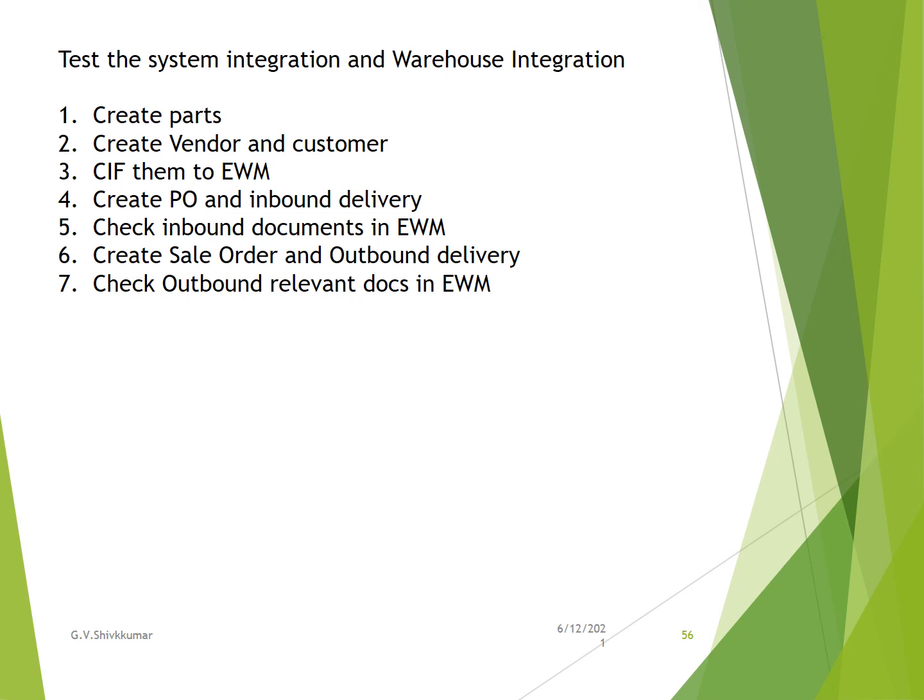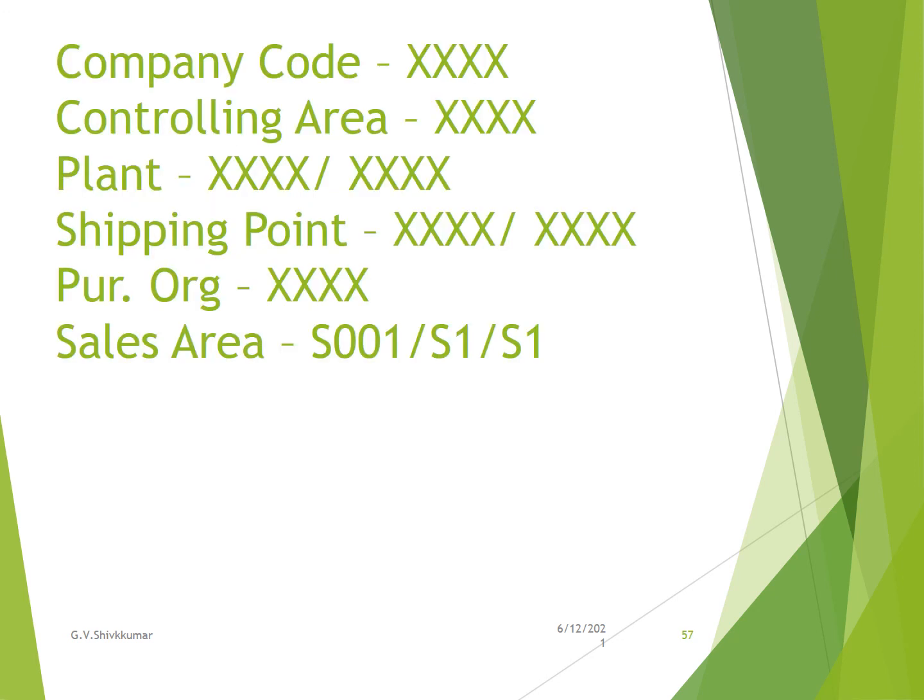Check the outbound relevant docs in EWM after updating the outbound delivery is updated in the EWM. So these are the prerequisite checks after doing system integration, warehouse configuration and related warehouse configuration are done. So here, for example, I already told the company code, controlling area, plant, shipping point, purchase organization. These are done on the ECC side.